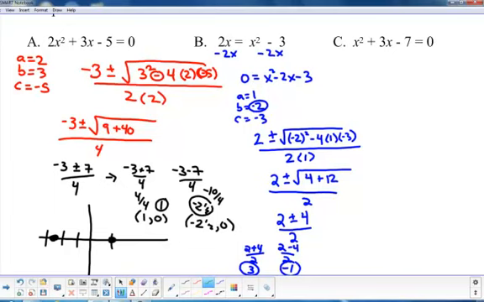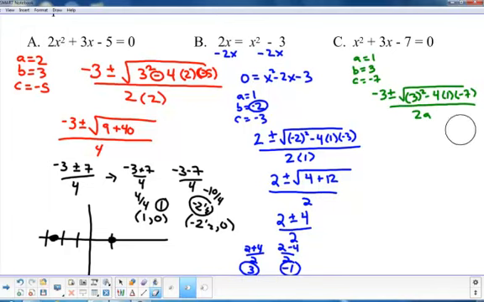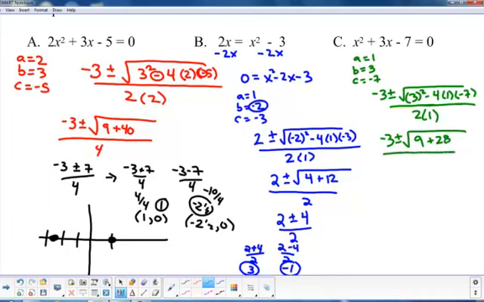And the last one over here, A is 1, B is 3, C is negative 7. So negative b plus or minus square root b squared minus 4ac divided by 2a. Whoa. Okay, so negative 3 plus or minus square root of 9, another plus because minus a negative, and that's 28 divided by 2.